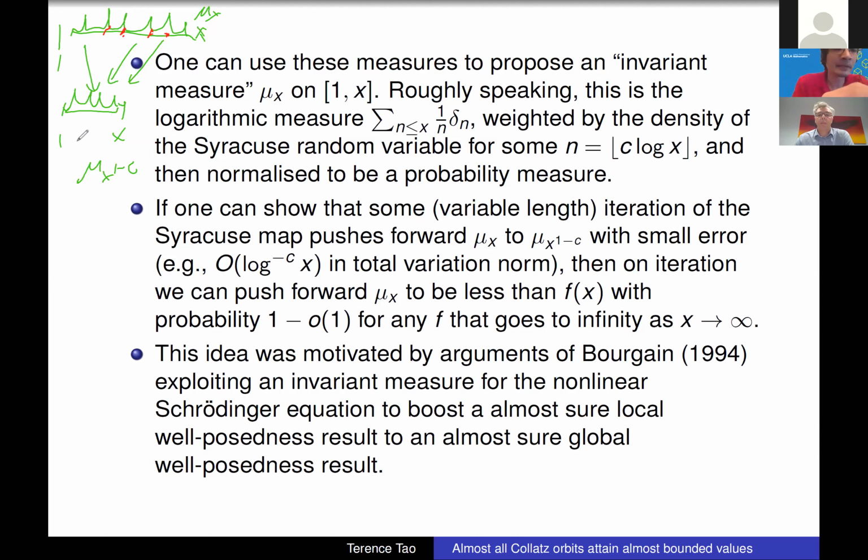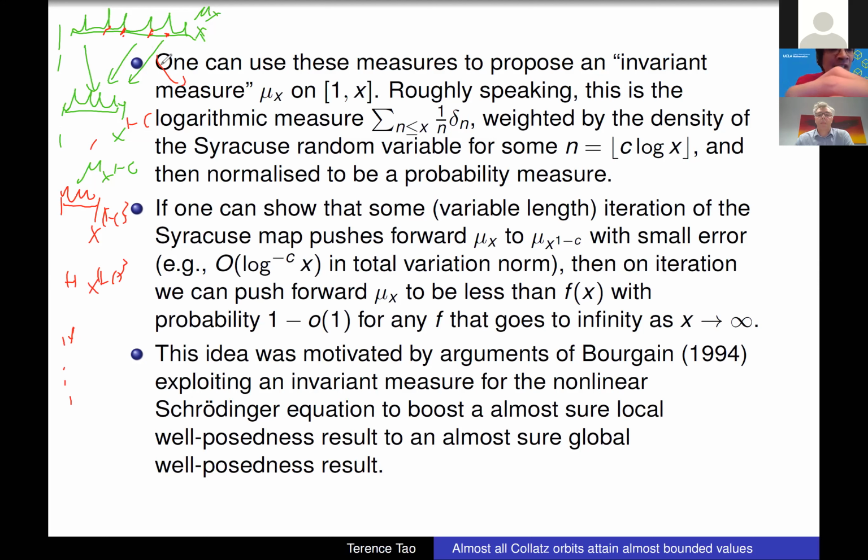If you can do that, if the measure stays the same, then this obstruction disappears, and then you can iterate this map. Once you have this, you iterate to a smaller power, you iterate to x^(1-c), and then x^(1-c)^2, and then x^(1-c)^3, and so forth, and you keep iterating. At every stage, you lose a little bit of mass.